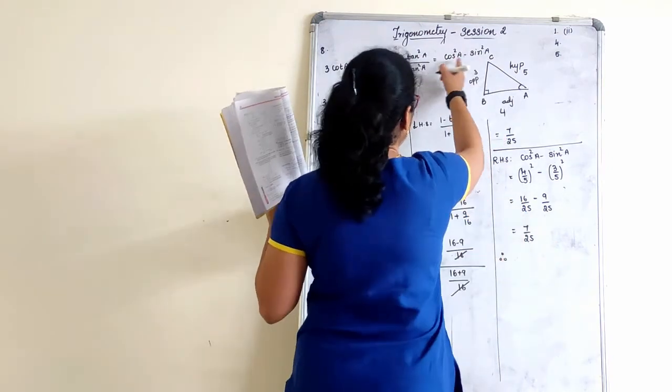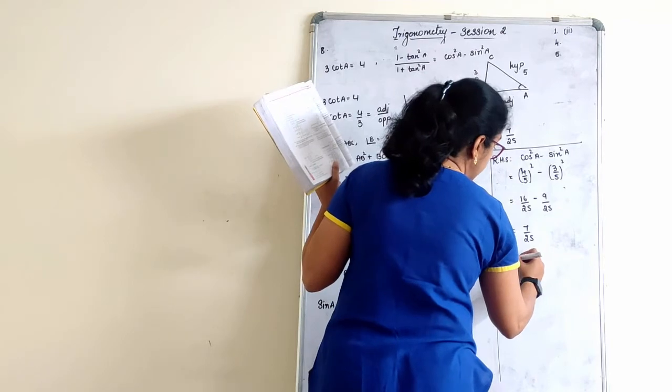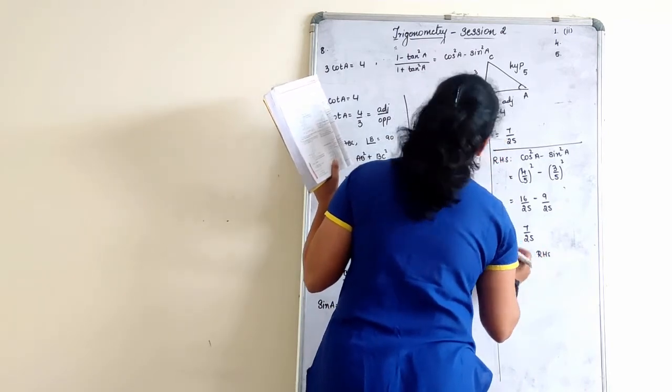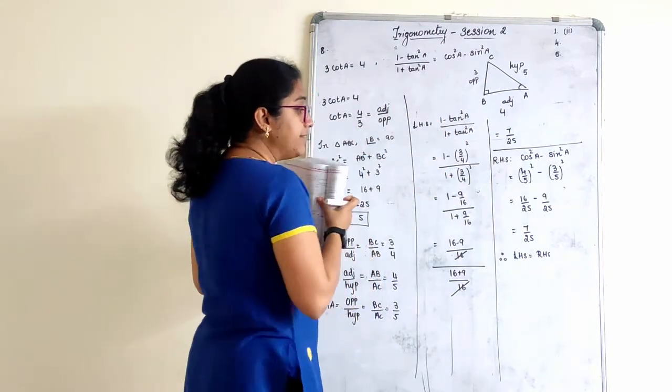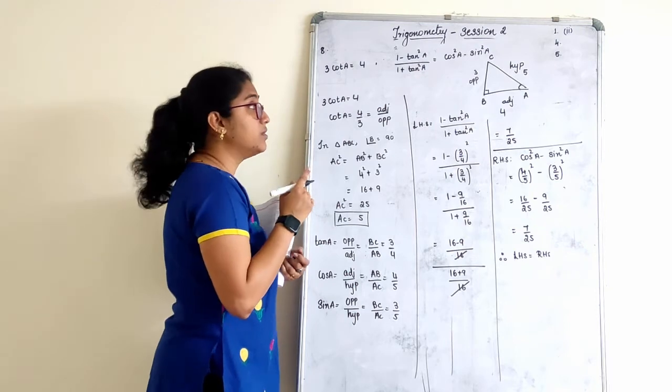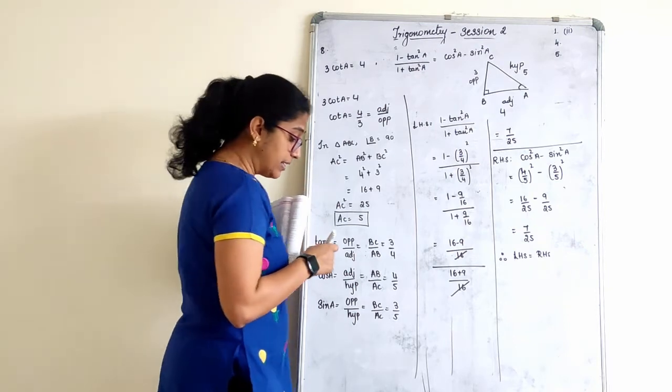Therefore, give the conclusion here. I only write LHS is equal to RHS. That is, please write the given statement: 1 minus tan square A upon 1 plus tan square A is equal to cos square A minus sin square A.